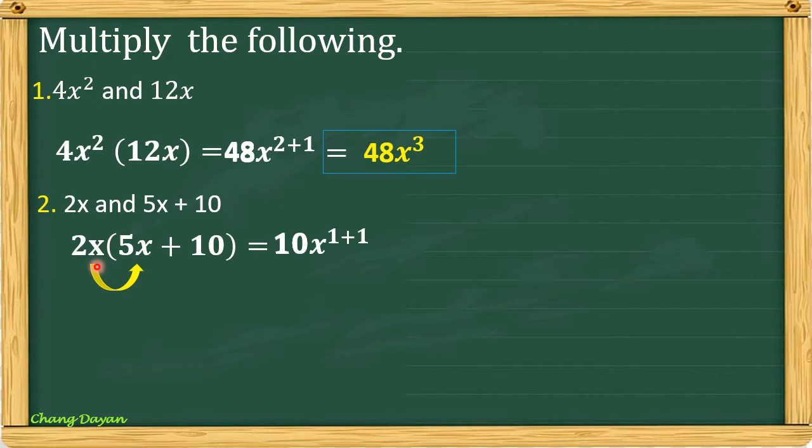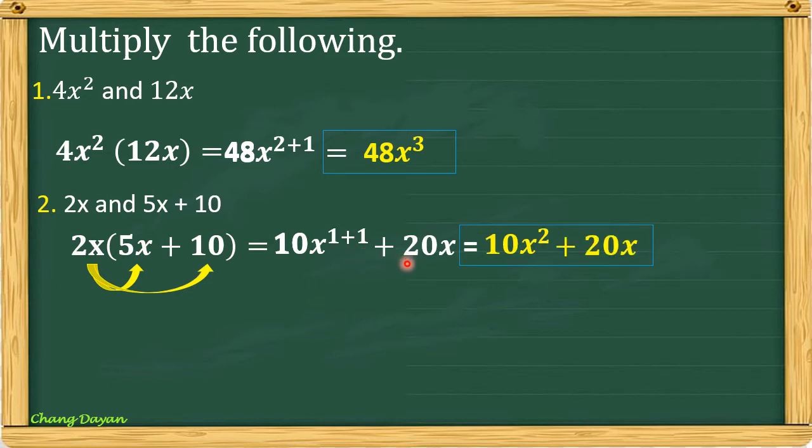So we have 1 plus the exponent of x here is 1. Next is 2x multiplied by 10 and we'll get 20x. Simplifying, we'll have 10x raised to 1 plus 1 is 2. We'll have 10x squared plus 20x.